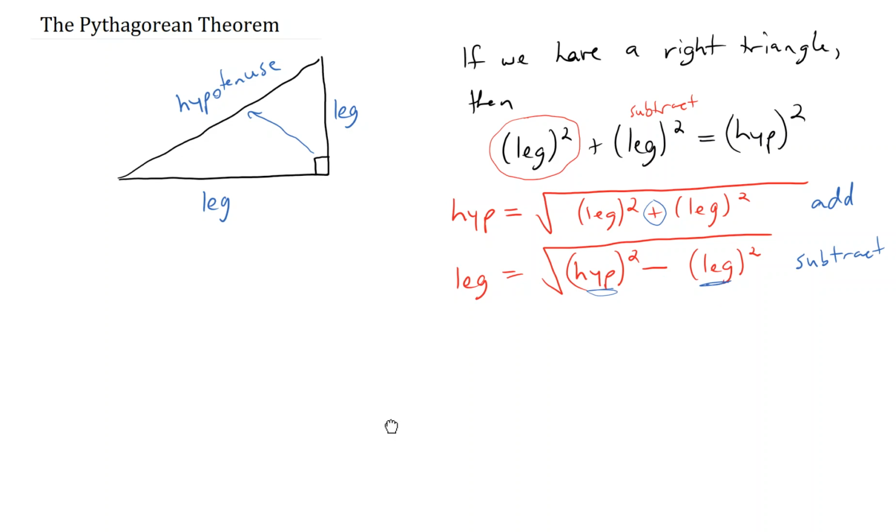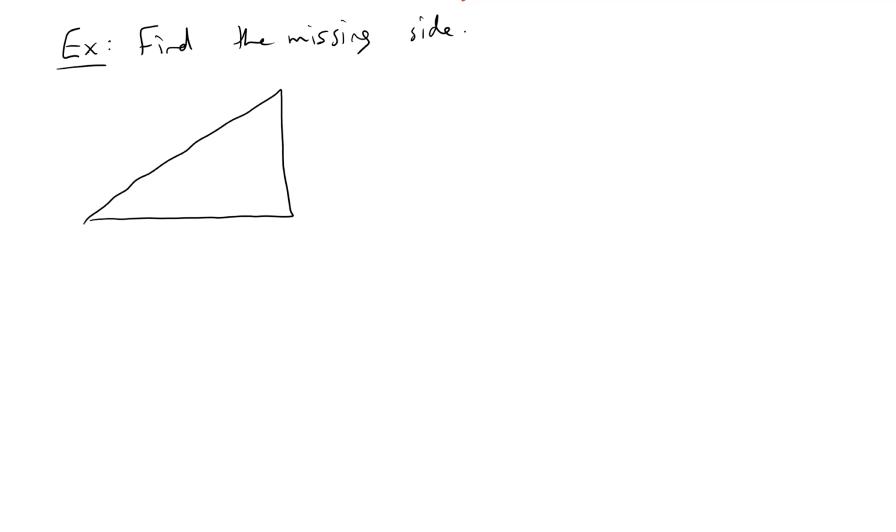So let's practice finding the third side of some right triangles. So several examples here. So find the missing side. I should say determine the length of the missing side, but I'll keep it short here. So we'll start with something like this. Let's say that this is 3 and 4. It's a right triangle.